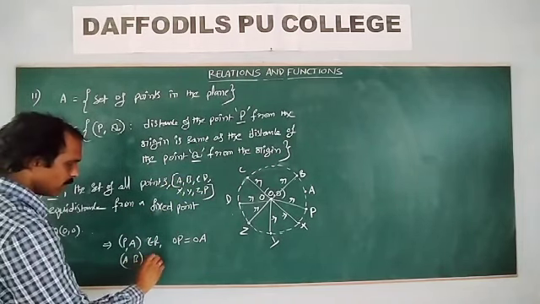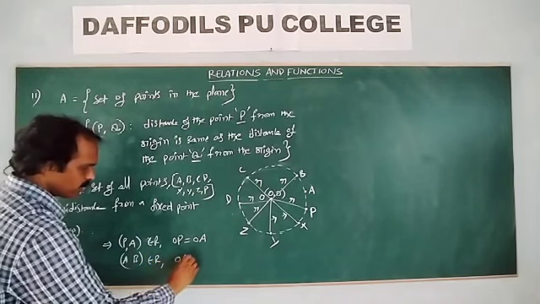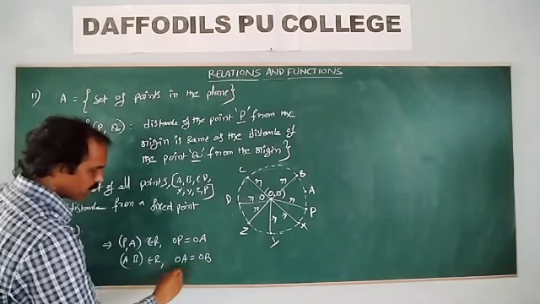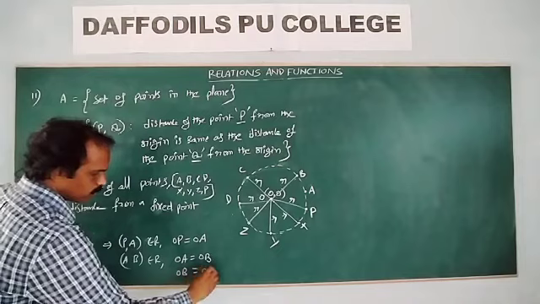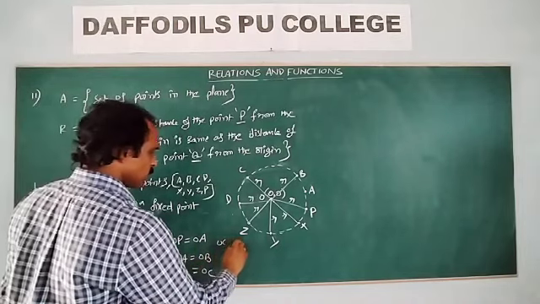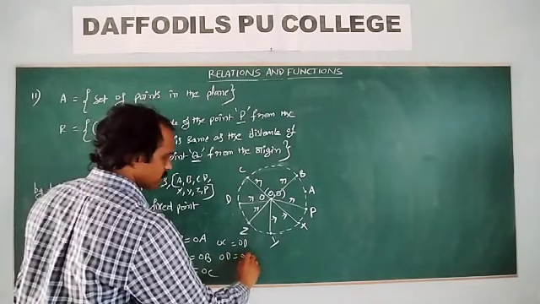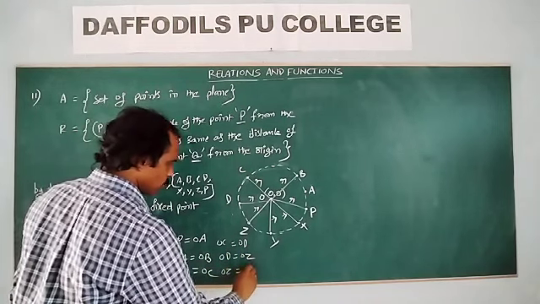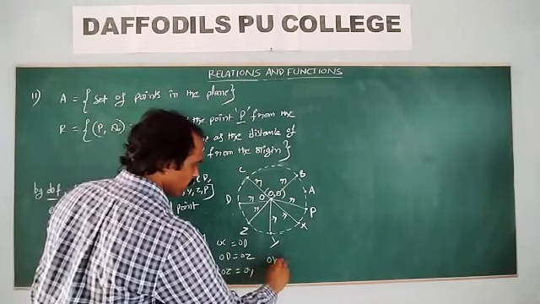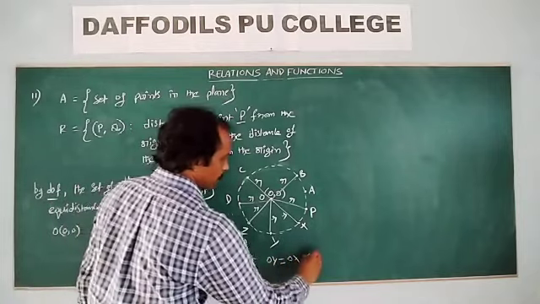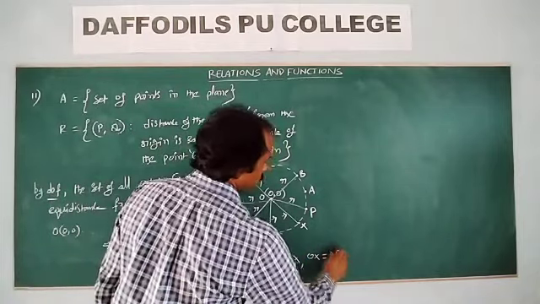AB belongs to R, OA is equal to OB. So like that, OB is equal to OC, OC is equal to OD, OD is equal to OZ, OZ is equal to OY, OY is equal to OX, OX is equal to OP. Okay, clear?